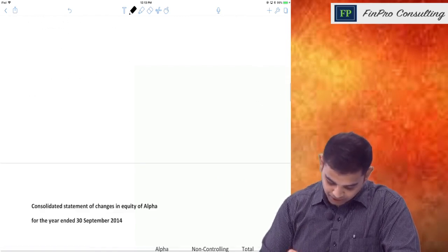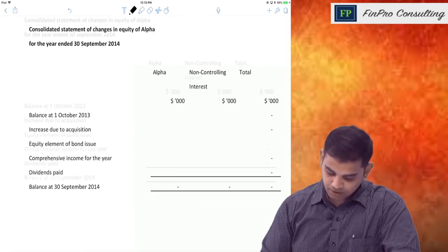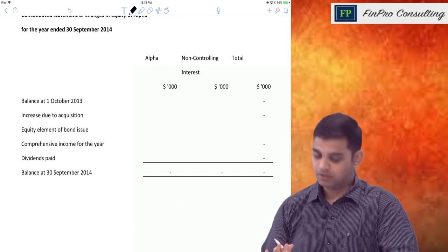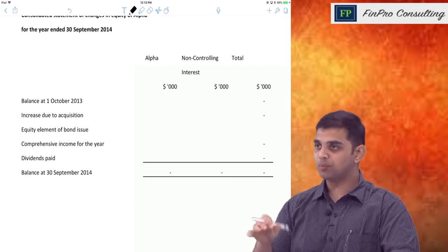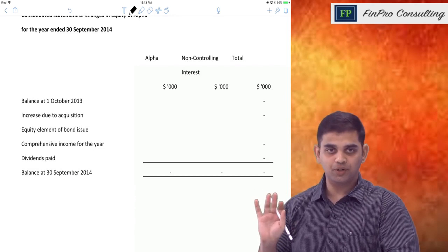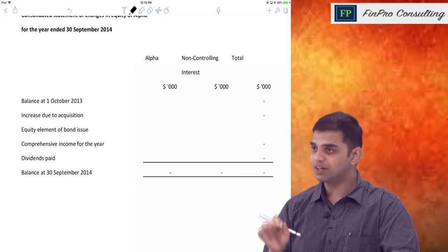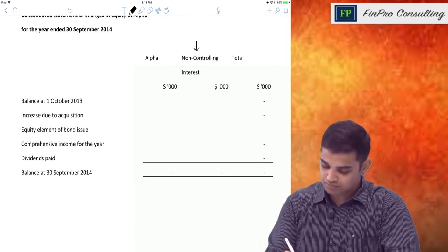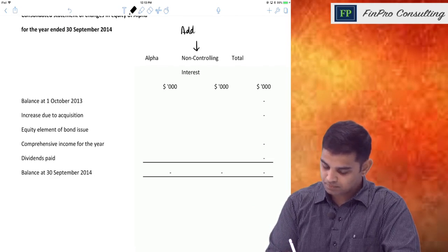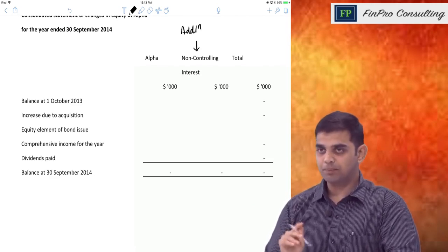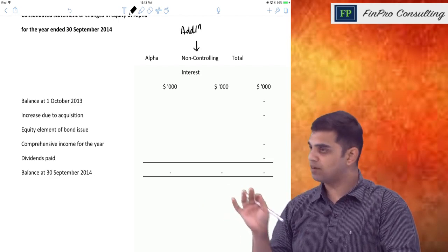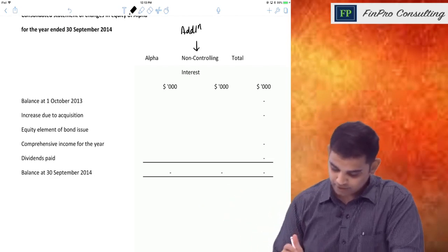Then from a statement of changes in equity angle, we have to prepare a summarized version. So it will be attributable to parent and attributable to non-controlling interest. They have specifically told us to prepare this additional column. Anyways, we prepare it in practice, but in the problem they have specifically asked, right?